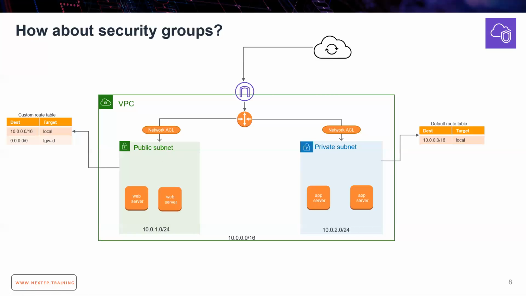That guy's job is, when someone is trying to go out, this guy will do a network address translation, saying, okay, this guy is talking to me, but I am the one that is sending it out. So this guy will send it as if this NAT instance is sending it out.